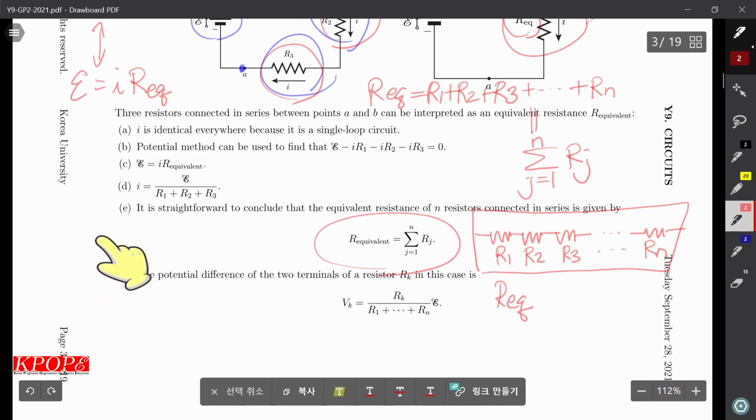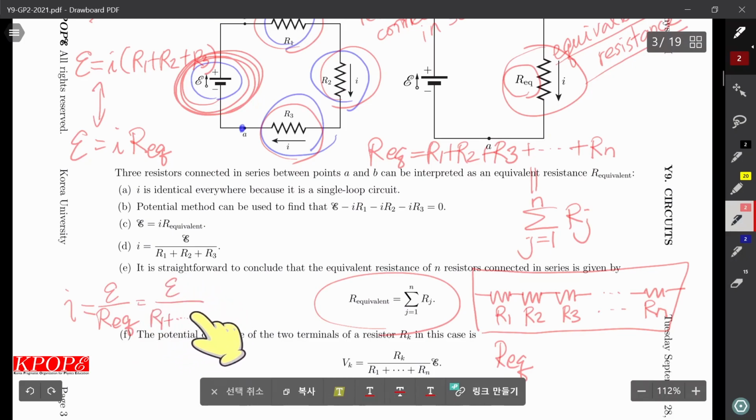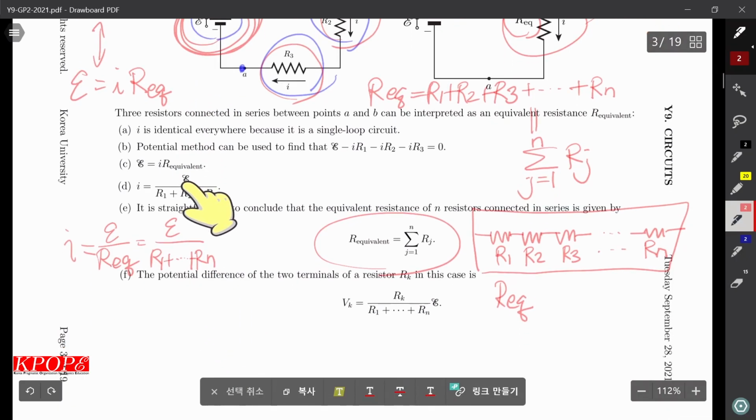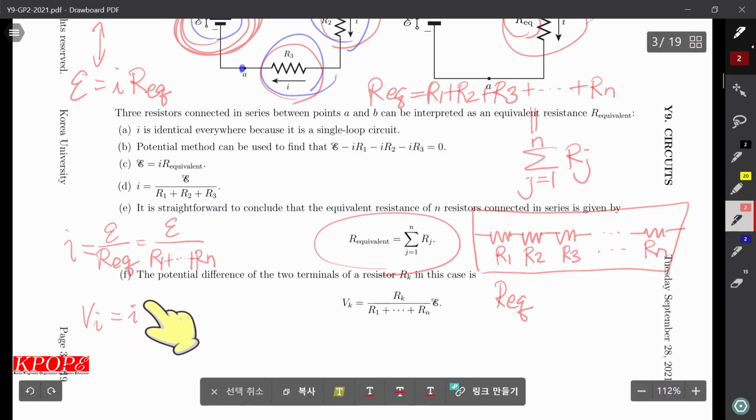Because there is a single EMF device, current I is E over R equivalent, that is E over R1 through Rn, and the potential difference Vj in each resistor is I Rj.